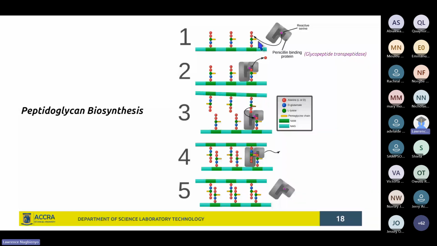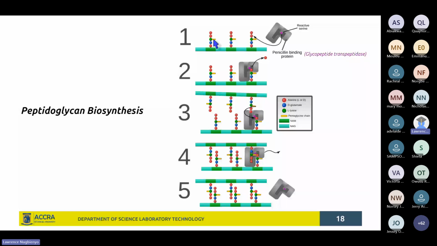And then you have a pentaglycine chain. So there you have the amino acid glycine, five of them, the smallest of the amino acids, making that chain on the lysine residue.